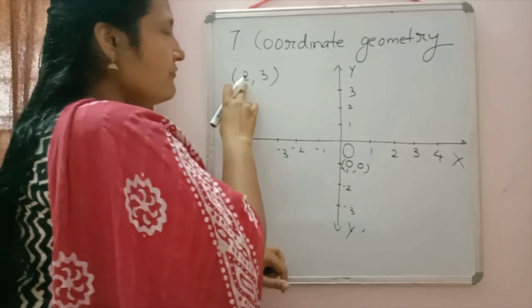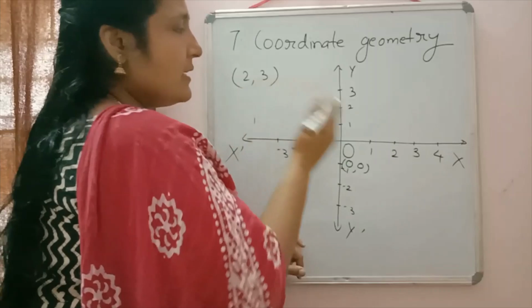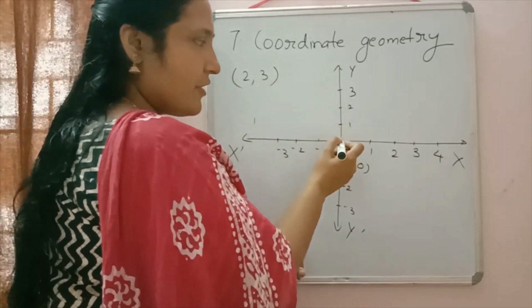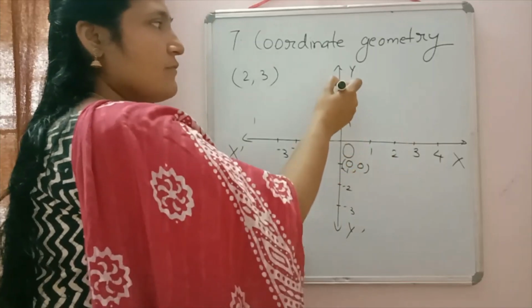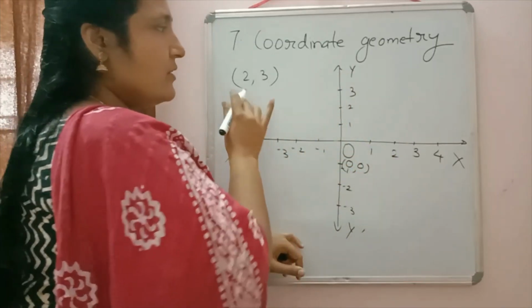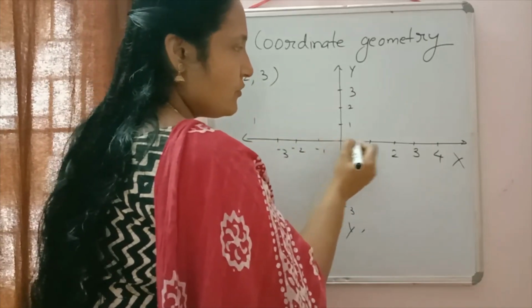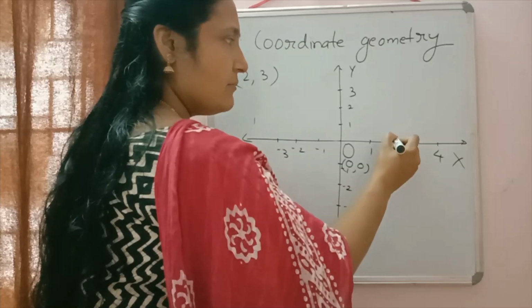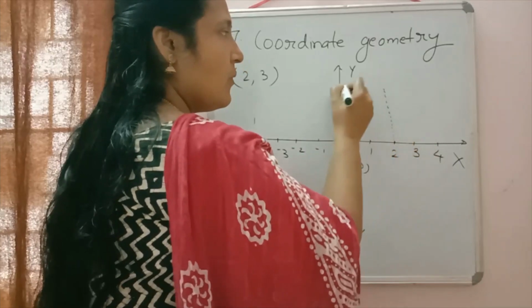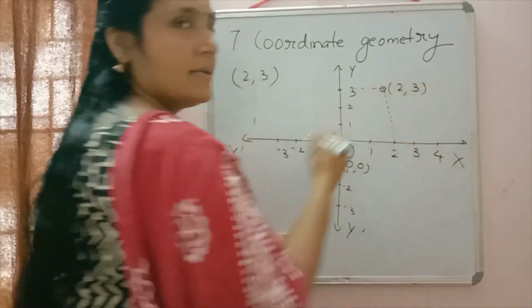So if the coordinate of any point is 2, 3, it means that distance on x-axis from the origin is 2 units and distance on y-axis from the origin is 3 units. So how we will plot the point 2, 3? Move 2 units towards x-axis and then 3 units towards y-axis. So this will be the point 2, 3.